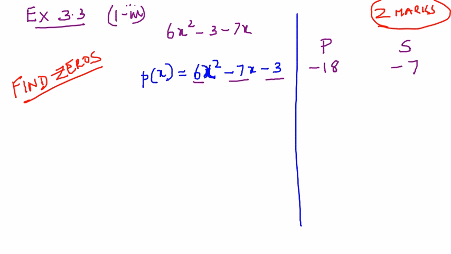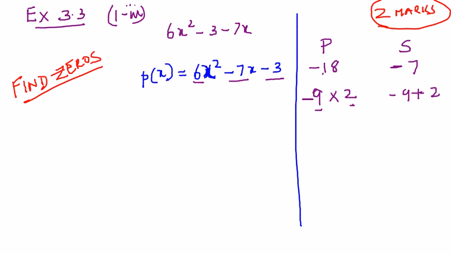Now I will write minus 18 as 9 into 2. 9 2s are 18, but I must get a minus 18 here, and when I add this 9 and 2 I must also get minus 7 here. So I am going to put the negative sign before 9. So minus 9 into 2 gives me minus 18 and minus 9 plus 2 gives me minus 7.